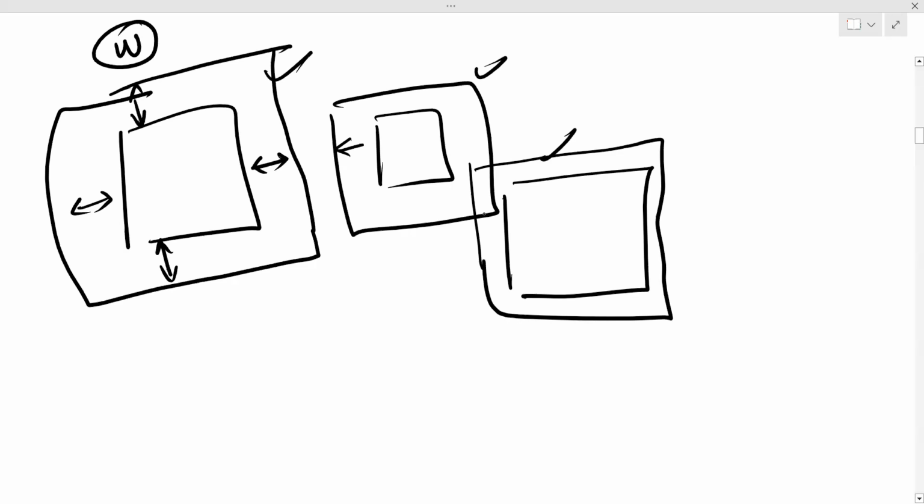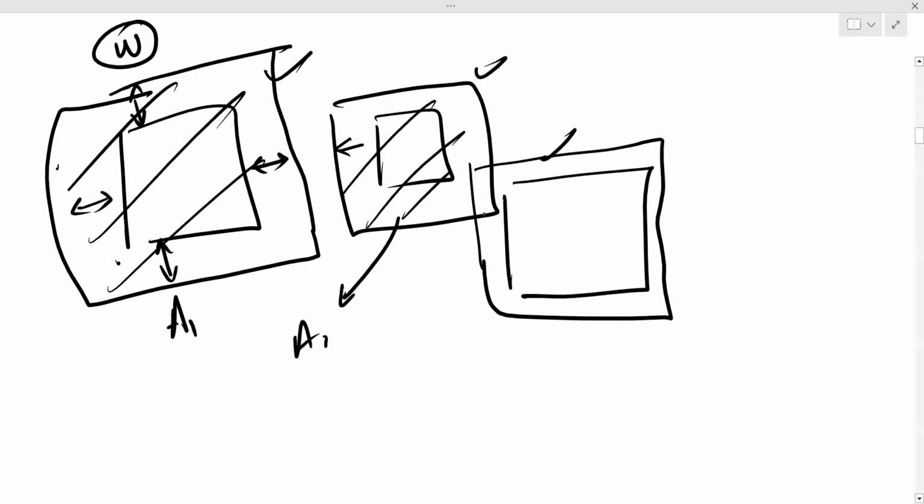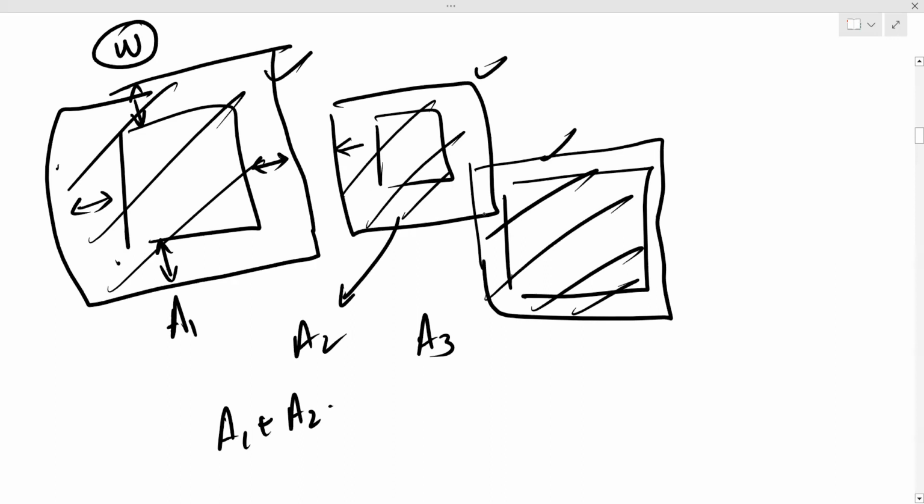The total area, let's call this bigger square area A1, the area of this bigger square A2, and this bigger square area A3. So we are given A1 plus A2 plus A3. This value is nothing but C. So we are given these internal dimensions for each of these squares, and we are given this C, and we have to find this W.